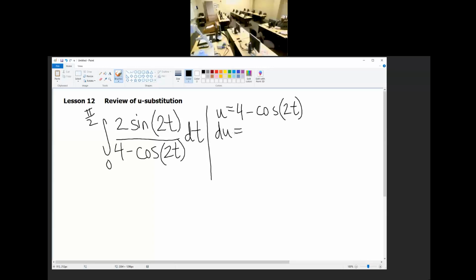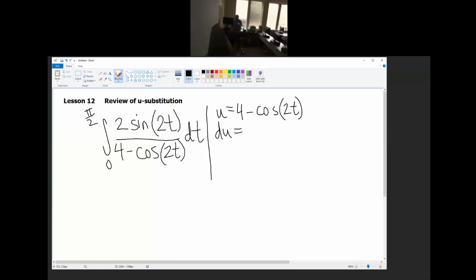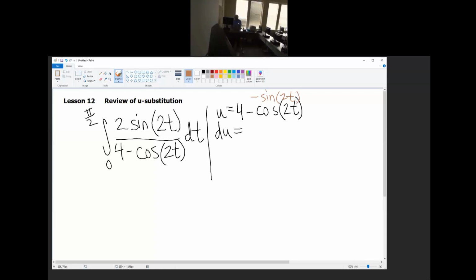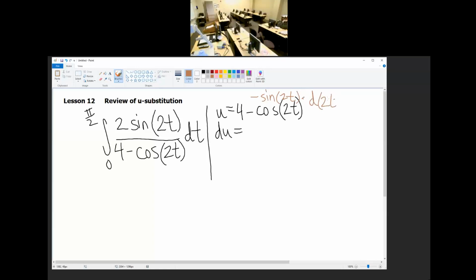The derivative of cosine is negative sine of 2t. And the chain rule part of it is we take the derivative of 2t. All right, the derivative of 2t is just 2.